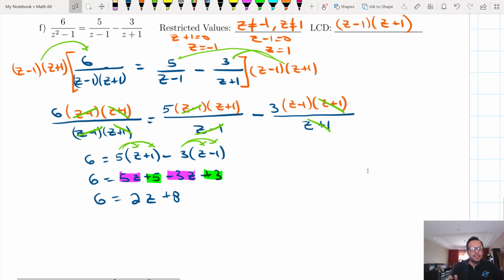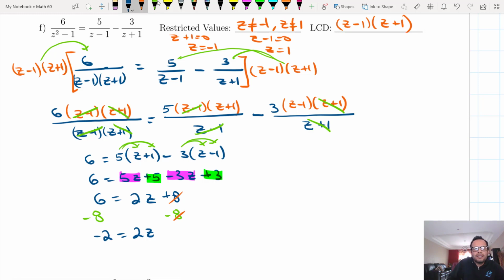Okay, let's solve this equation for the variable z by subtracting 8 on both sides. That'll give us 2z on the right, canceling the 8. And on the left-hand side, 6 minus 8 is going to be negative 2.